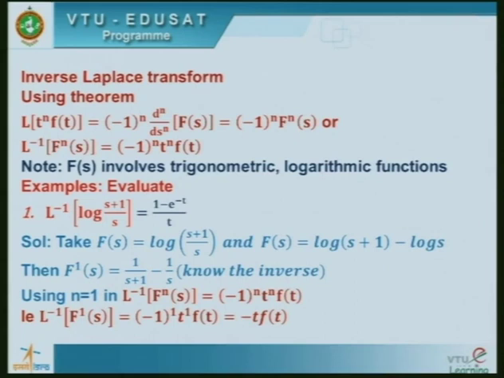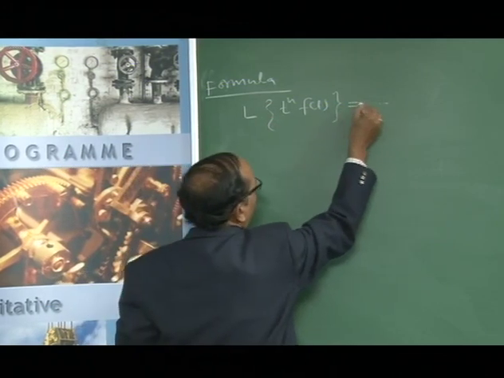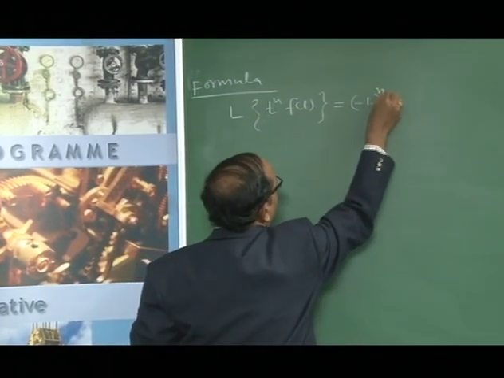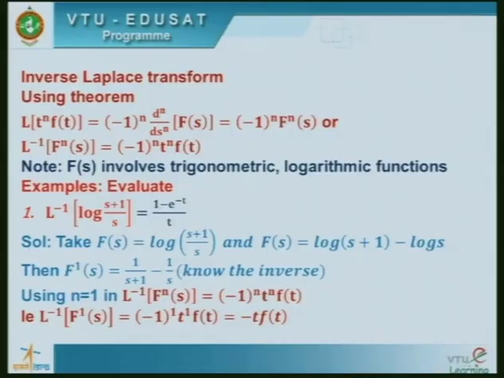One of the formulas you already studied in Laplace transform is L of t raised to n into f of t. f of t is multiplied by a polynomial t raised to n, that is equal to minus 1 raised to n, then differentiate n times the function f of s.